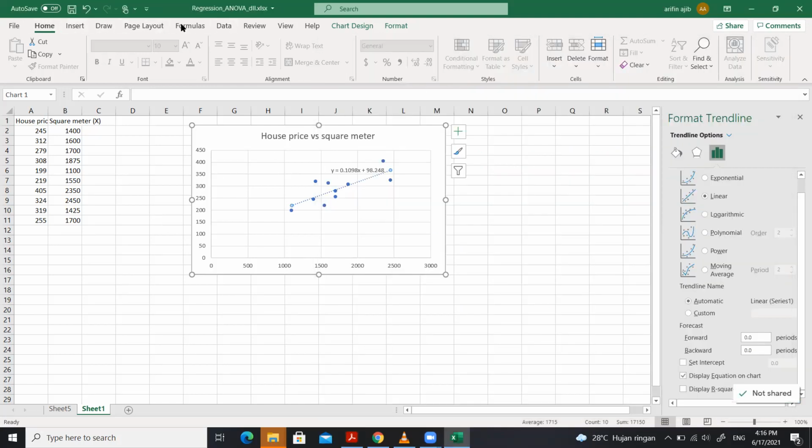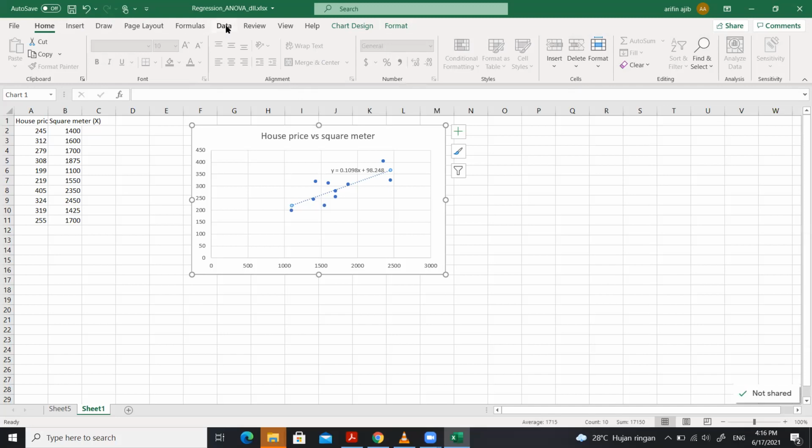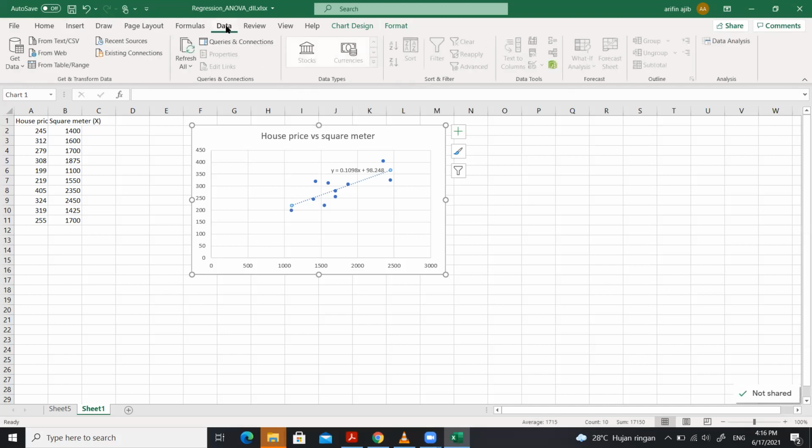This is my Excel, and then you can choose the data here. You can see data, and then you click the data analysis. Maybe some of you can check your Excel by yourself.